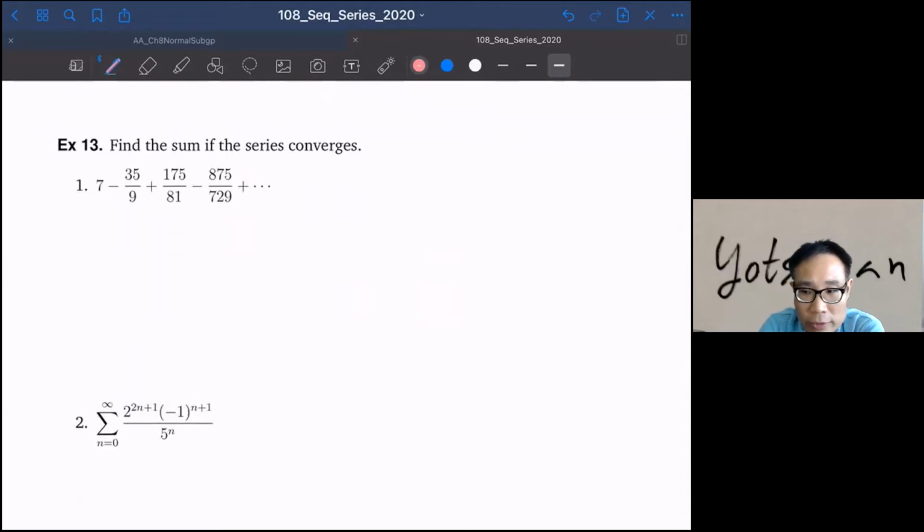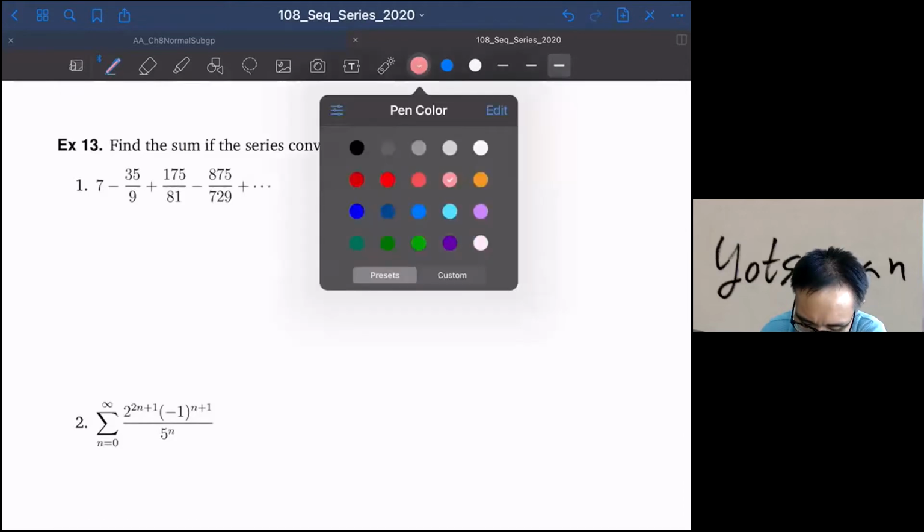So you see that it's 7 minus 35 over 9 plus 175 over 81 minus 875 over 729. So what we're trying to do is compute the common ratio.